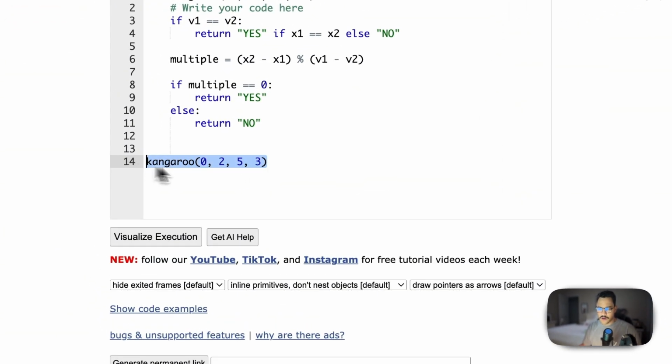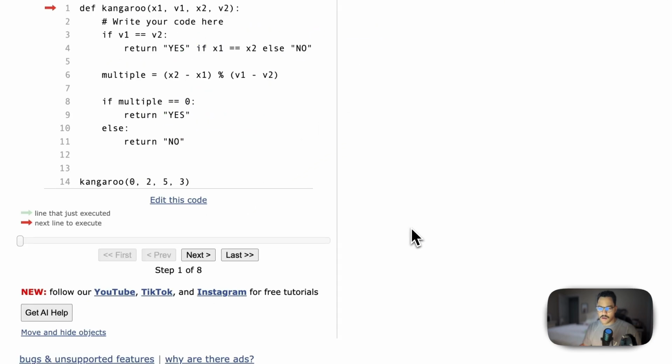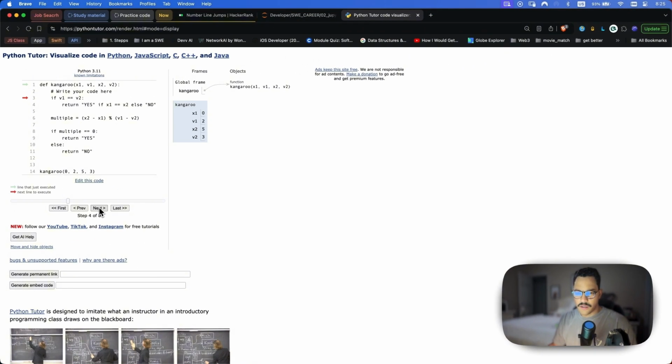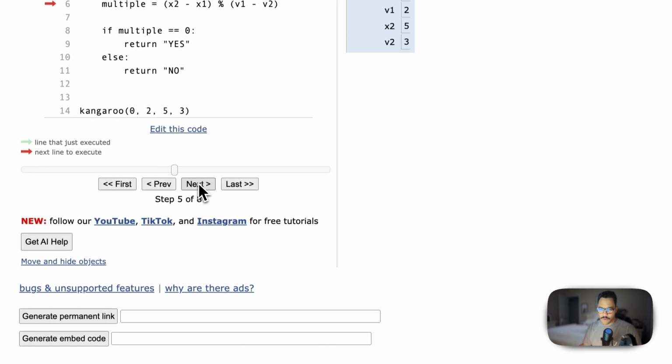This is the case where it's failing, so I want to see what's going on. We call x2. Okay, if velocities are equal, which they're not, then return yes, so in that case we know we pass.